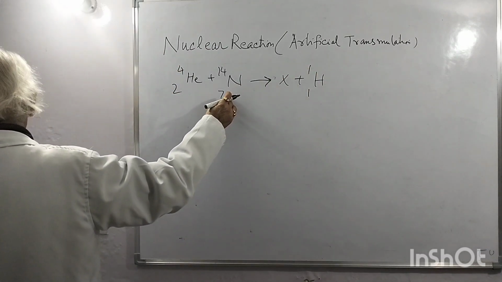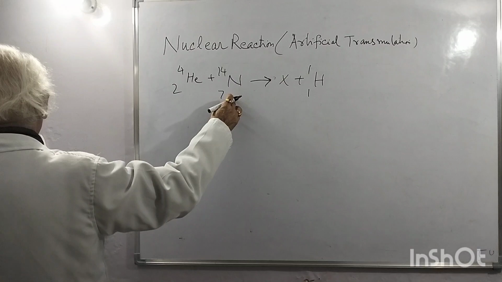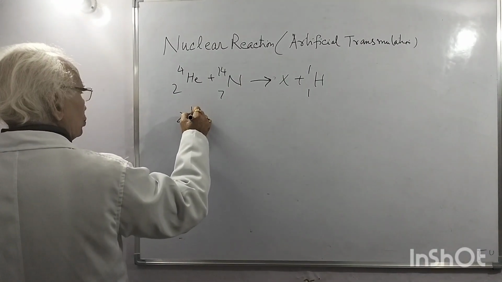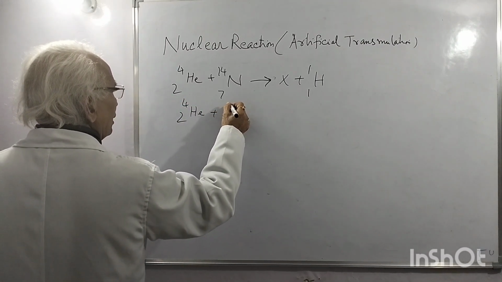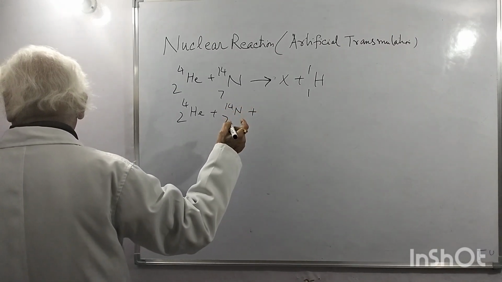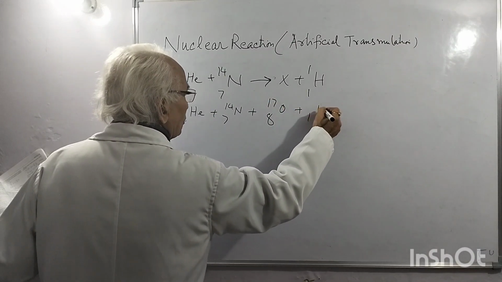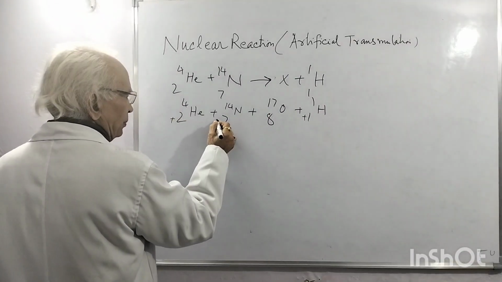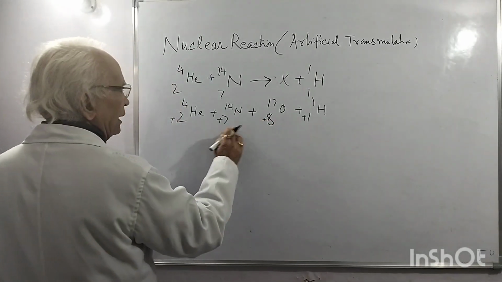Now let us see what this X can be. Helium-4 interacting with nitrogen-14, with emission of a proton, gives oxygen-17 plus a proton. Because the charge is plus 2 plus 7, which is 9, and on the other side plus 8 plus 1, which is 9, charge is conserved.